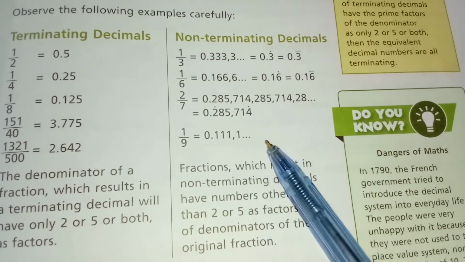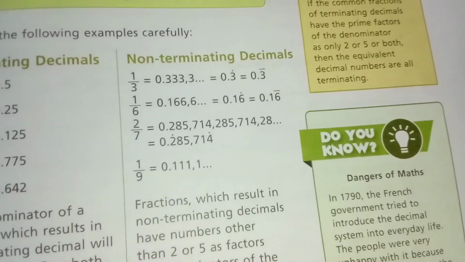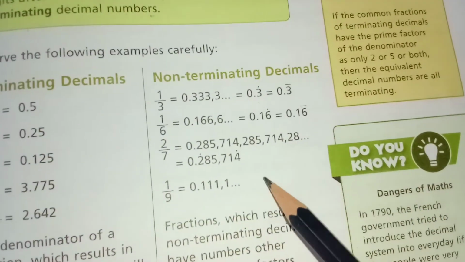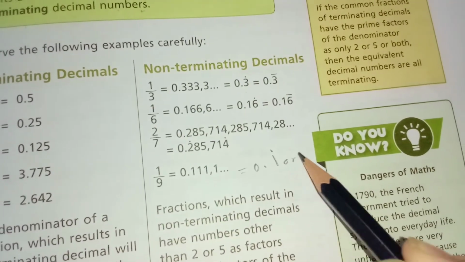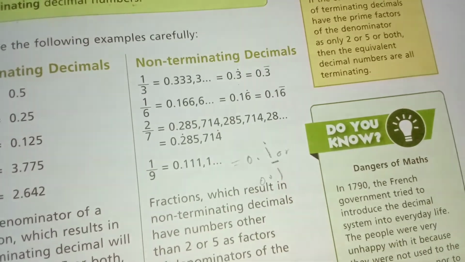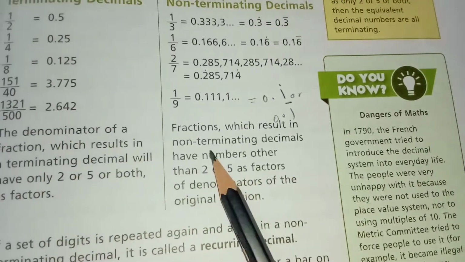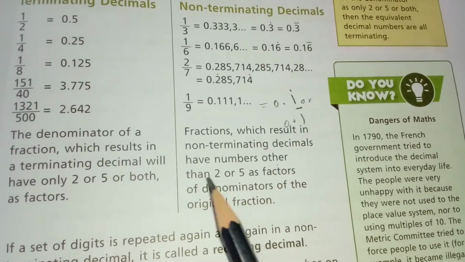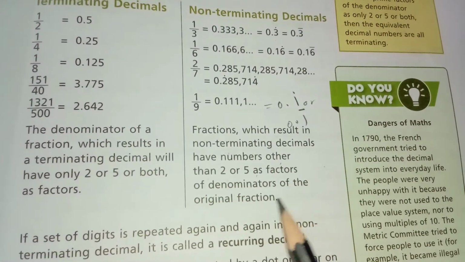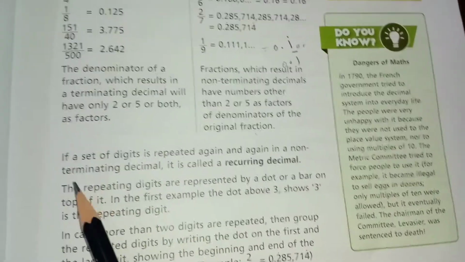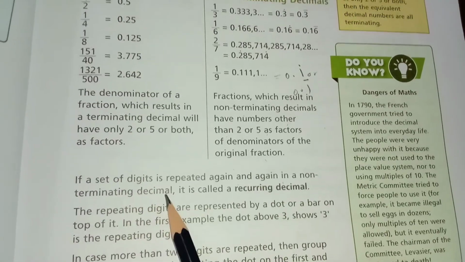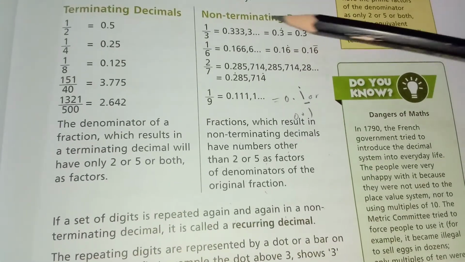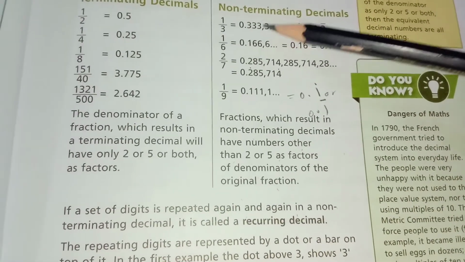So it can be written as 0.1 और 1 नंबर खुद को रिपीट करा तो 1 के ऊपर डॉट और 0.1 के ऊपर बार. सो फ्रैक्शंस विच रिजल्ट इन नॉन टर्मिनेटिंग डेसिमल्स हैव नंबर्स अदर दैन 2 और 5 एज फैक्टर्स ऑफ डिनोमिनेटर ऑफ द ओरिजिनल फ्रैक्शन. So if a set of digits is repeated again and again in a non-terminating decimal, अगर कोई नंबर खुद को बार बार ही रिपीट कर रहा है तो उसको हम बोलेंगे कि ये रिकरिंग डेसिमल है.